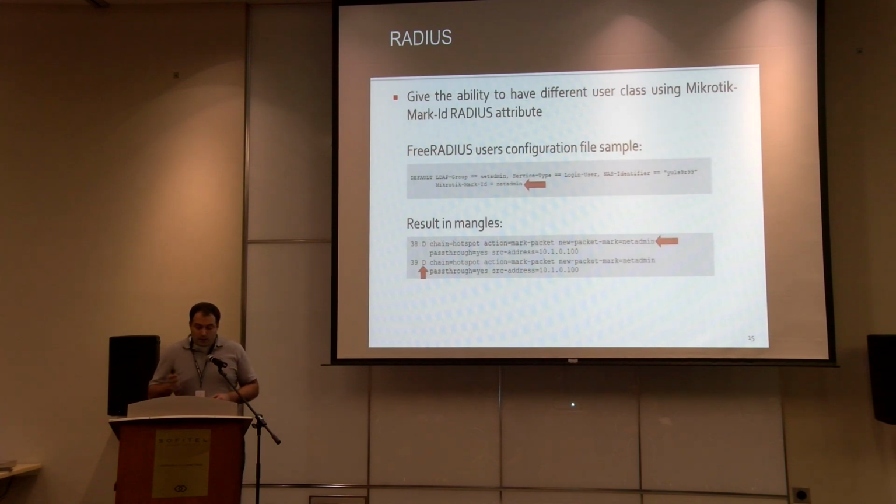So Radius has another nice feature with Mikrotik. Using the Mikrotik Mark ID as a Radius attribute, you can define an attribute that will allow you to put rules per group, as I was mentioning earlier. Because by default, when you open the hotspot you have access to everything that's on the other side.